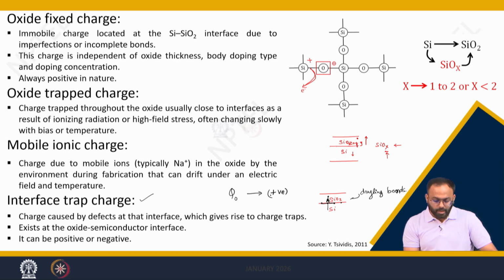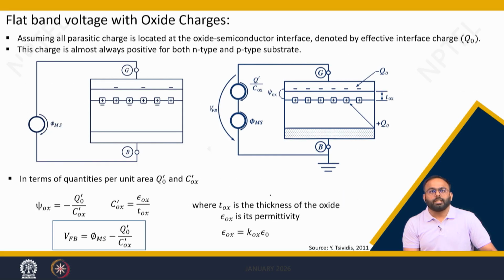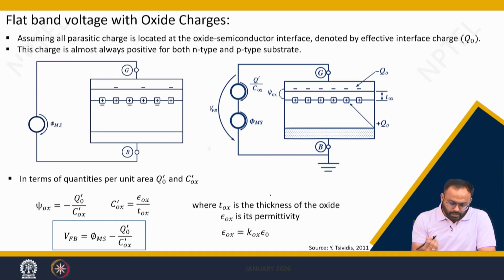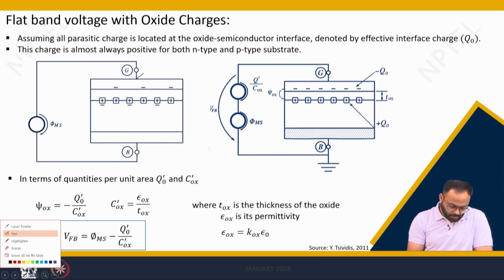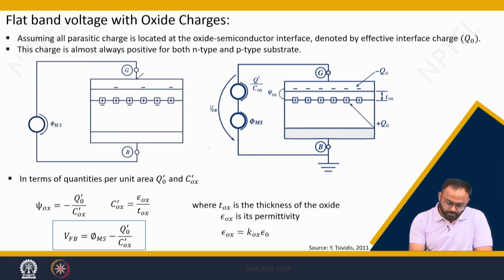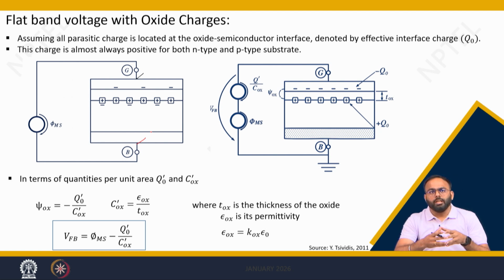Now we will see what the influence of this positive oxide charge is in our MOS structure. We will revisit our flat band voltage condition, where we claimed that when a metal and a semiconductor are connected with some external wire, then because of the contact potential there is charge pile up in the semiconductor, and hence we applied a voltage source externally with a value of phi_ms such that there is no charge pile up in the semiconductor.